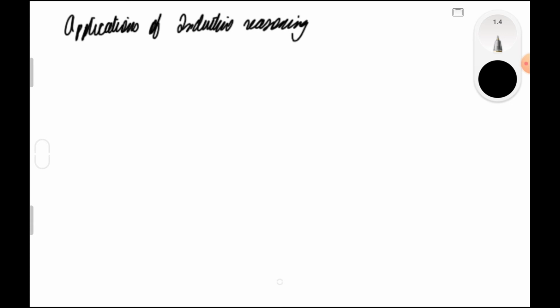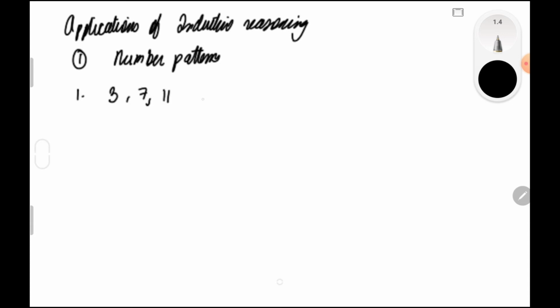So, as I have said, our inductive reasoning is a drawing of general conclusion from repeated observation. So, first application natin will be number patterns, or sequences.